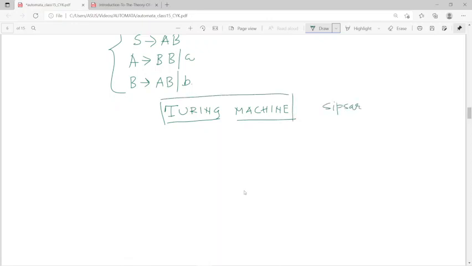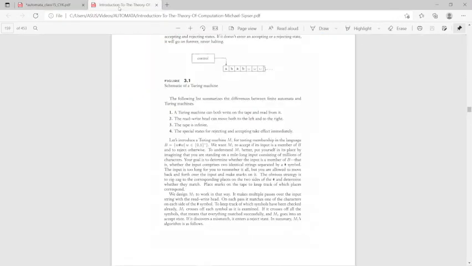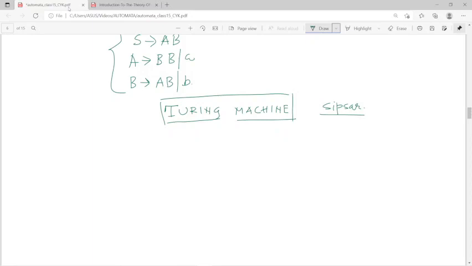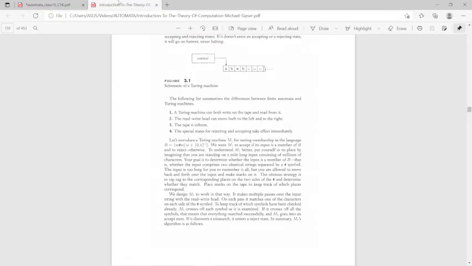That is one of the best books, and it is followed in MIT and other coursework.